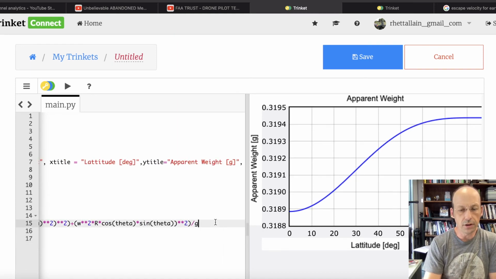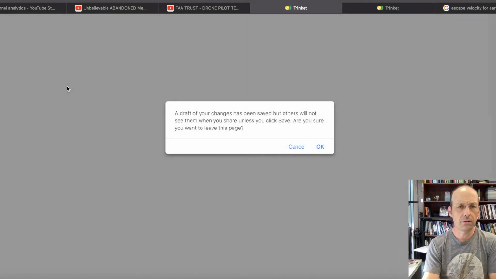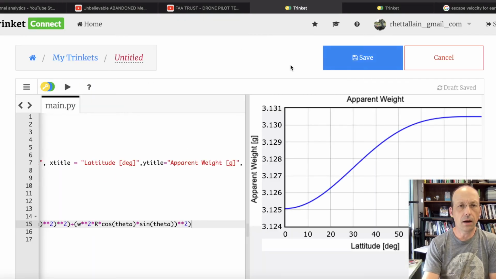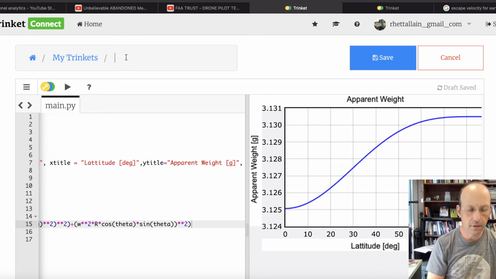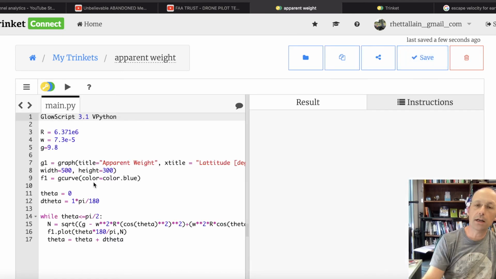What if I take away the G? 3? That's just not right. Oops. Let's see. Apparent weight. I can't back down now, can I? Okay. What can I do to figure out what's wrong?